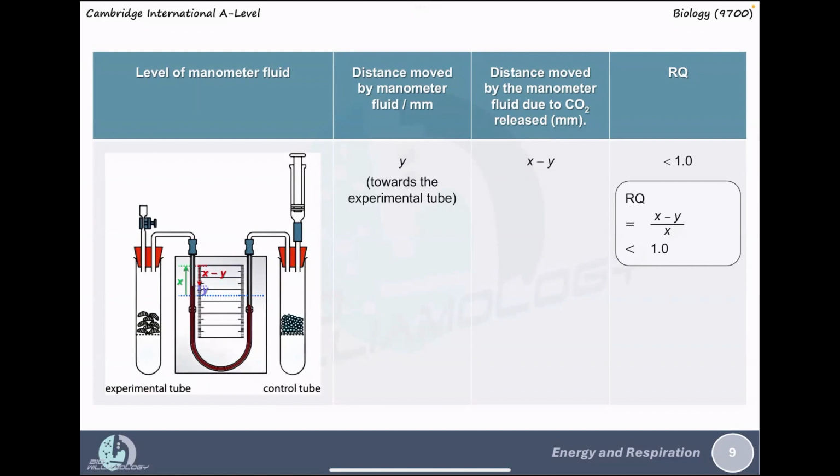The calculation here, you can see that RQ equals X minus Y over X. And because the value of X minus Y is lower compared to X, the RQ value is less than 1.0. So it can be lipid or protein used as the respiratory substrate. But we do know that when the RQ value is less than 1 or equal to 1, it indicates that this is aerobic respiration.